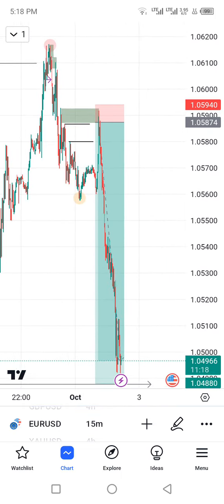Now just assuming we were to take the trade considering this red candle as our order block, we put the position tool. This would have given us a risk reward ratio of just 3.5, which is very poor.